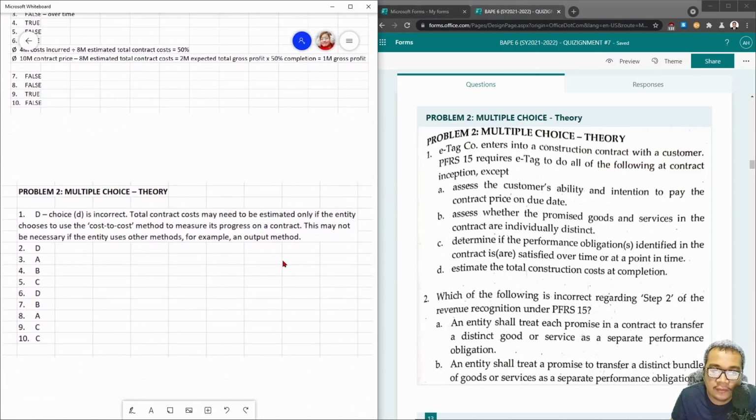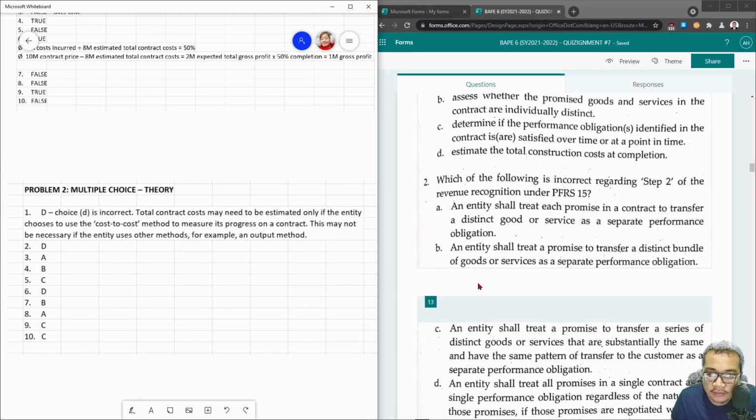What if gagamitin mo yung output method, di ba? Mga survey works, di ba? Total contract cost may need to be estimated only if the entity chooses to use the cost-to-cost method. Hindi necessary kapag may other method na gagamitin gaya ng output method, as I've said. So, hindi kailangan. Nakadepende sa kung ano yung method na gagamitin.